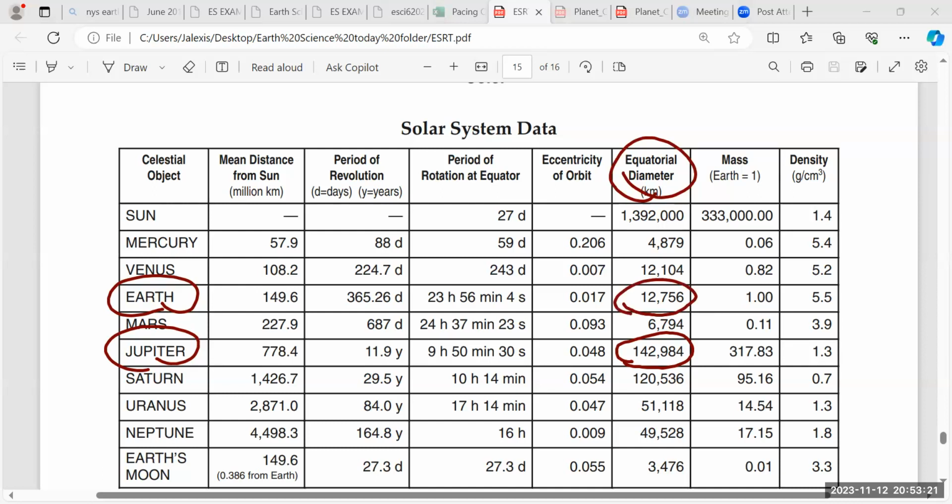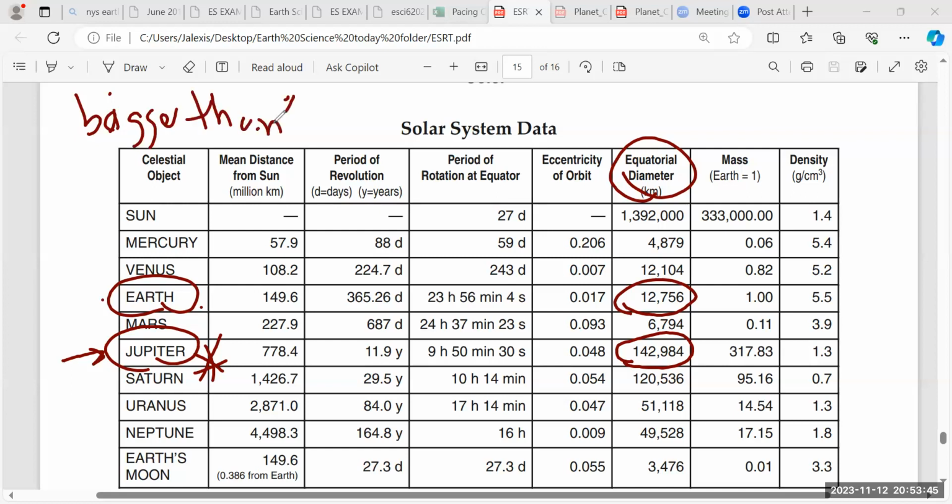Earth's equatorial diameter is 12,756. And so therefore, to find out how many times larger Jupiter's diameter is than Earth's, I'm going to divide these two numbers. Now keep in mind, because Jupiter is bigger than Earth, my number has to be bigger than 1.